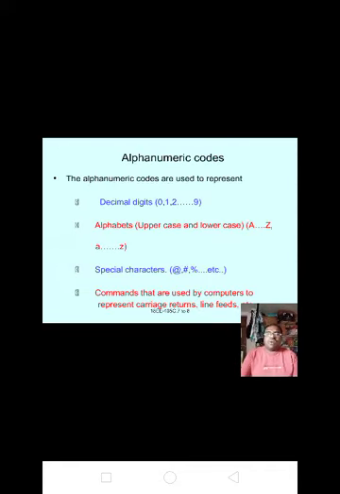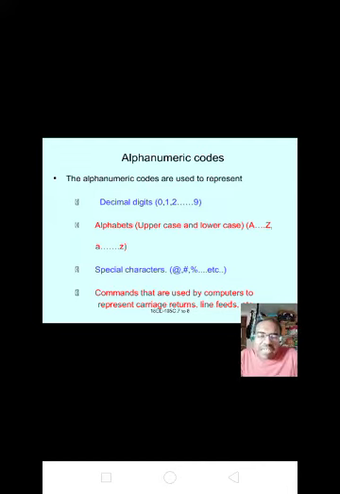Next, alphanumeric codes. The alphanumeric codes are used to represent decimal digits 0, 1, 2, 3, 4, 5, 6, 7, 8, 9. Next, alphabets, uppercase and lowercase.